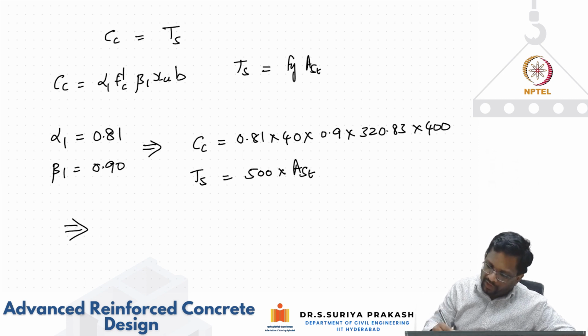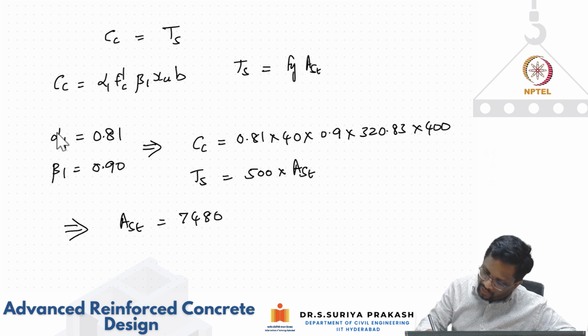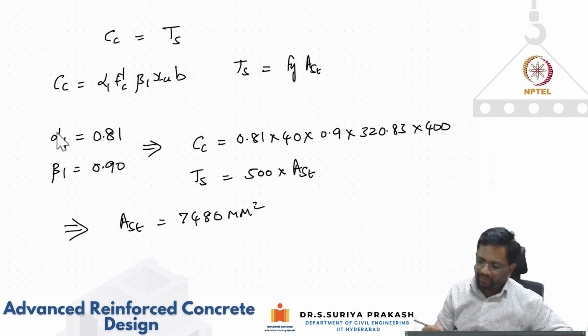So from this, I can calculate my AST by substituting: 0.81 times 40 times 0.9 times 320.83 multiplied by 400 divided by 500, and you will end up with AST equal to 7480 millimeter square. Okay. So in this section of 400 mm width and a depth of 600 mm, if I am providing a steel of 7480 mm square, that will lead to a balanced failure condition.